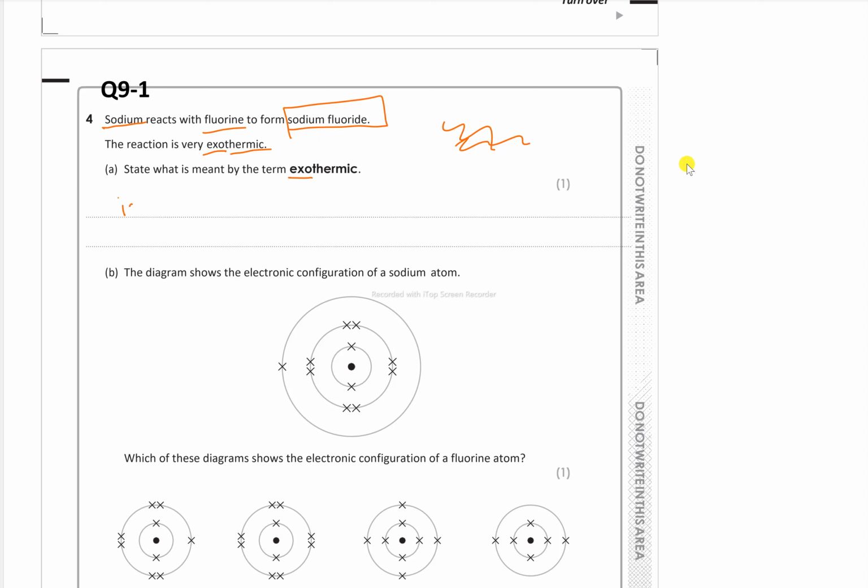Exothermic is when a reaction gives out heat energy to its surroundings. This is probably the best definition. So it'd be good to learn that actually.